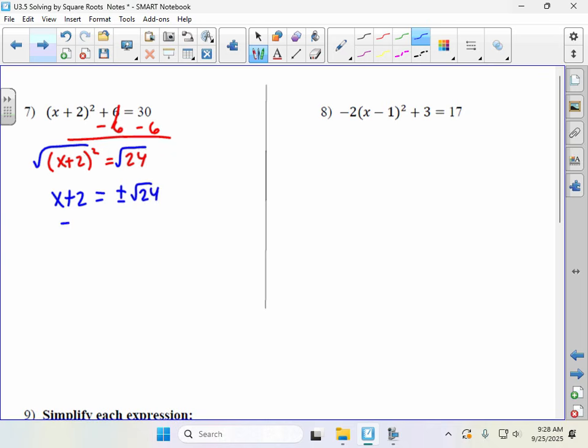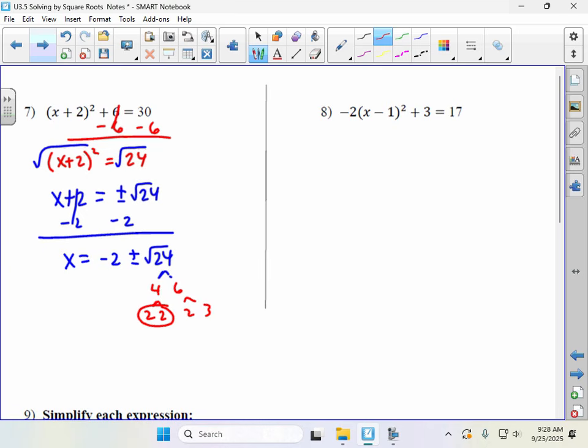Subtract the 2. x equals negative 2 plus or minus root 24. Now we can simplify this radical. It's 4 and 6, 2 and 2, 2 and 3. So there's a pair of 2's, so a 2 is going to come out. And then the 2 and the 3 are not paired up, so we multiply those back together and keep it inside the radical.